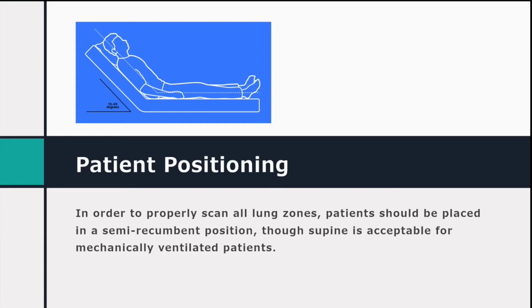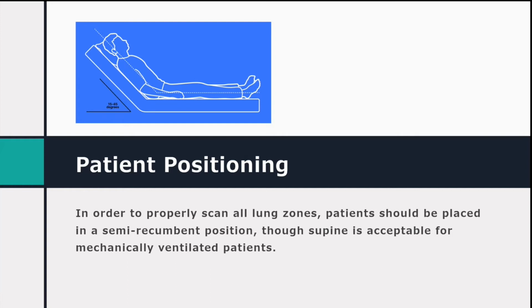So when you have a patient who's in acute respiratory distress and you choose to do the Blue exam, positioning can be your friend. It's best to try to put the patient in a semi-recumbent position, which is essentially supine, however you would elevate their back to a 45-degree angle.